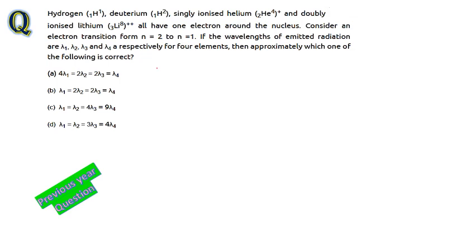In this case, 1 divided by lambda is equal to R Z square into 1 by n1 square minus 1 by n2 square. Now I substitute the transition from 2 to 1.